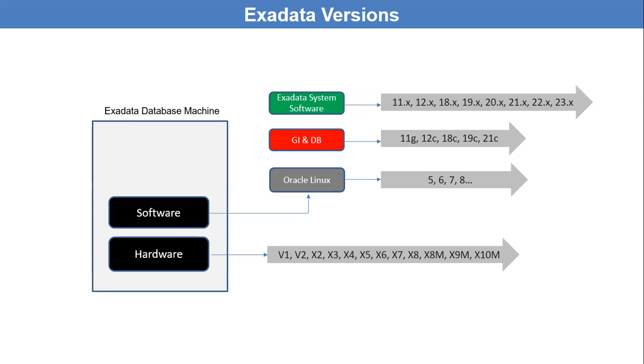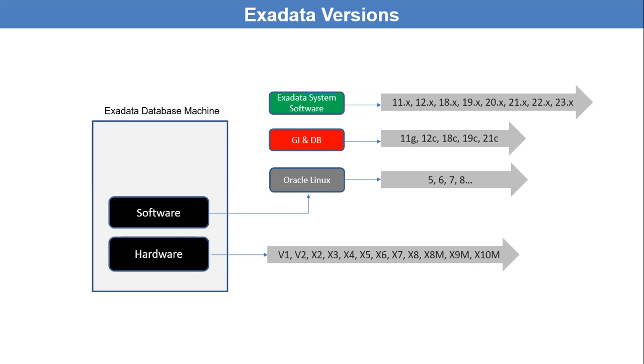So at the time of the X10M release in June, whatever was the latest version of Oracle Linux, grid infrastructure software, database software, and Exadata system software available and supported for Exadata was deployed on that hardware. So at the time of every new Exadata release, the latest versions of the software components available and supported on Exadata are deployed on the servers.